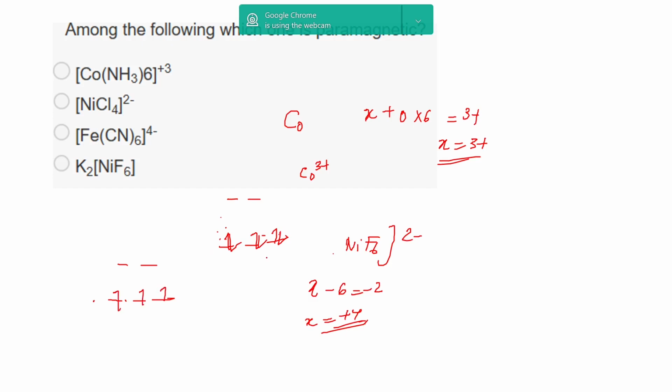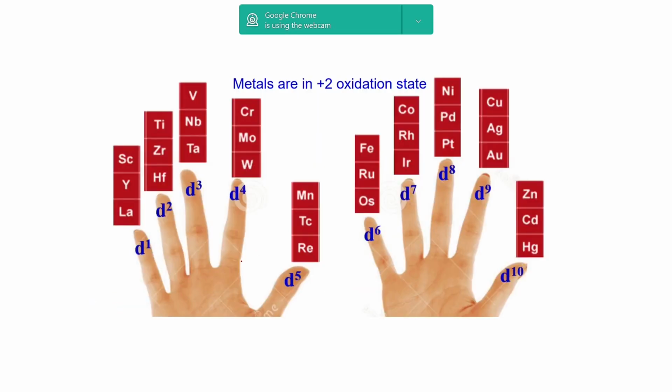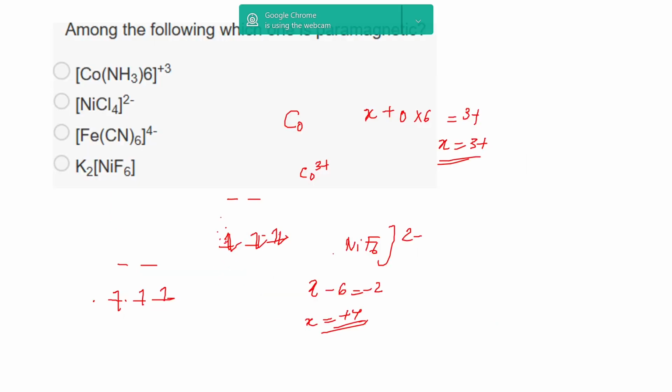Nickel in plus 2 state is d8, so plus 4 means we have to remove 2 more electrons, so it will be d6. So 1, 2, 3, 4, 5, 6. Definitely this is also paramagnetic, since unpaired electrons are there.